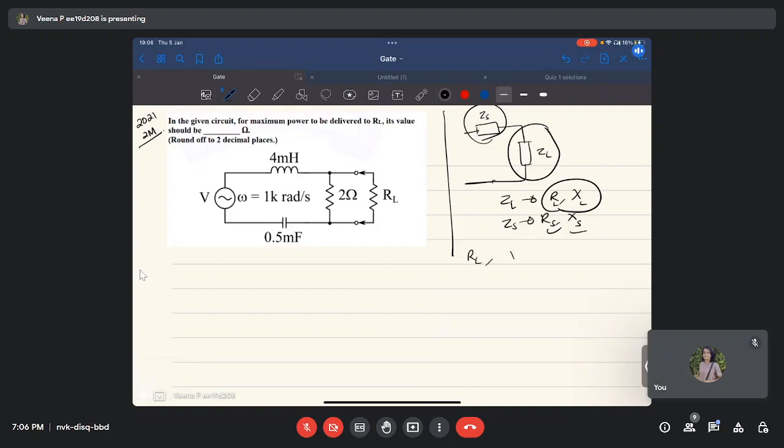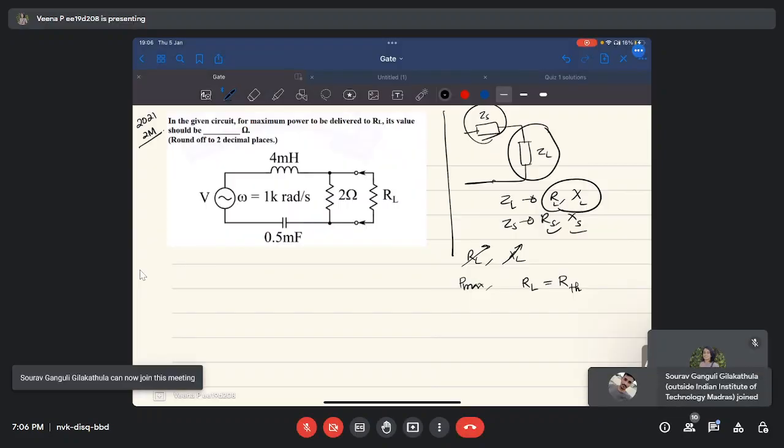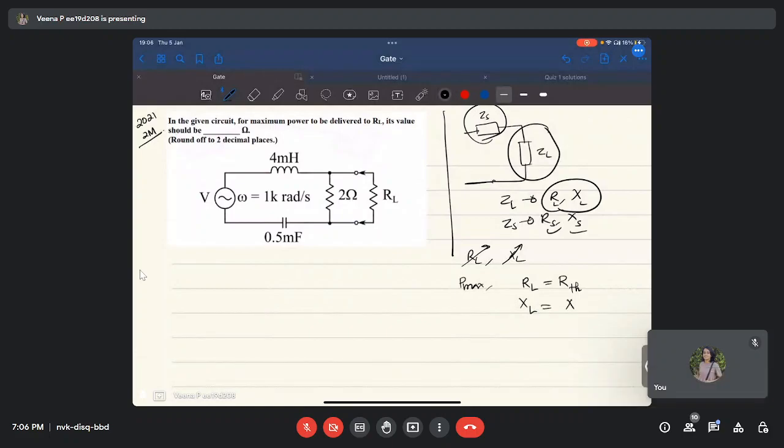So if RL and XL are variable, then to get maximum power to the load, the magnitude of RL should be the same as the Thevenin resistance of the source. Similarly, the magnitude of the reactance of the load should be the same as the Thevenin reactance of the source, but with a negative sign.